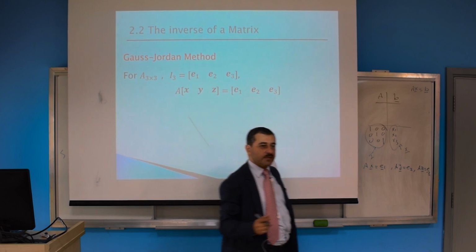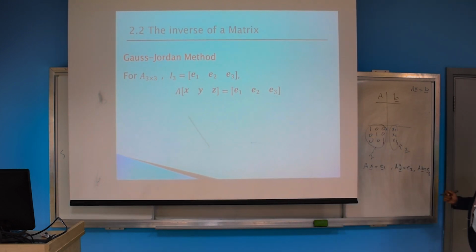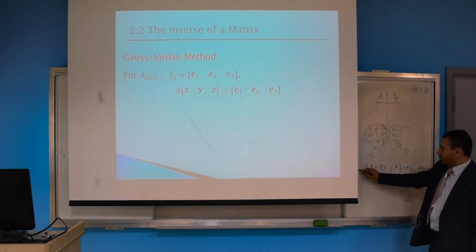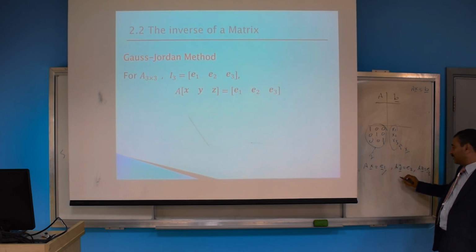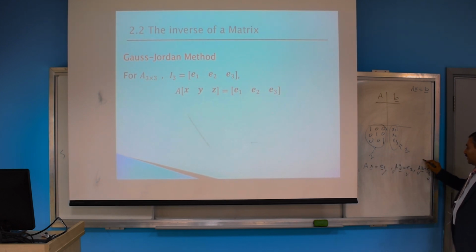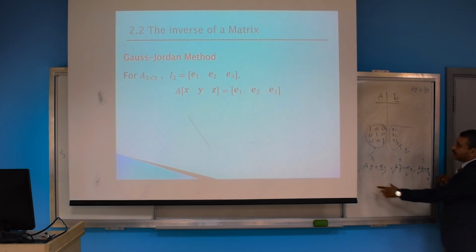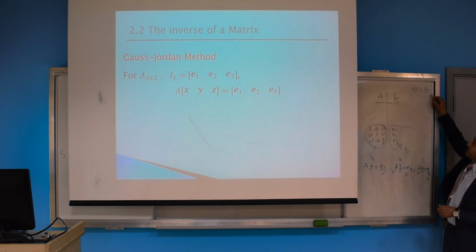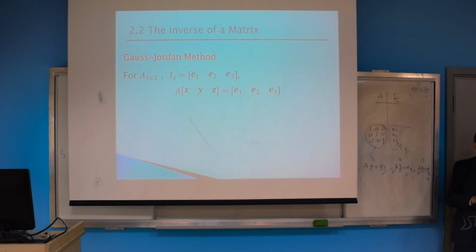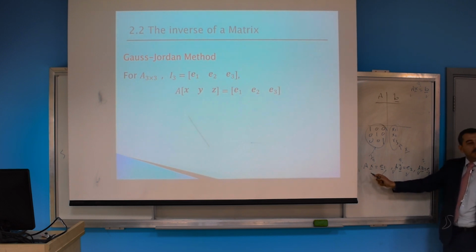What are the unknowns in these equations? You know A, and you know the columns of the identity. And the unknowns are x, y, and z. So we'll get back to this system, Ax equal b, where you know A and b, and x is unknown. So how to get this guy, for example?